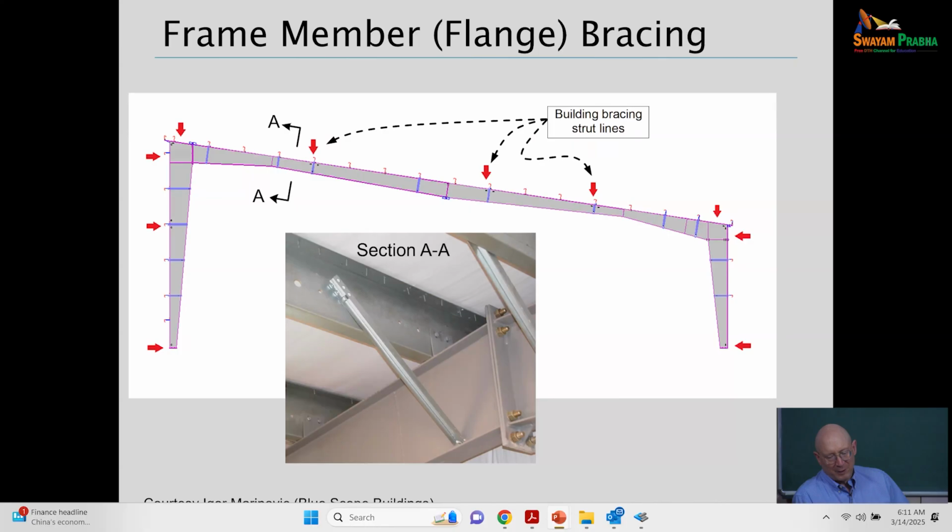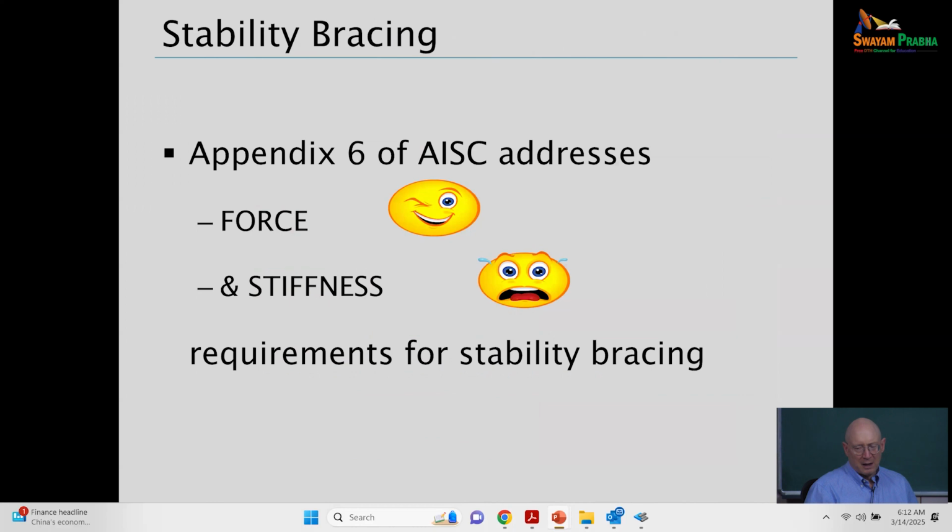And then a flange diagonal coming from the purlin down. Generally, we want to bring that diagonal in and attach it as close as we can to the inside flange, to brace the inside flange.